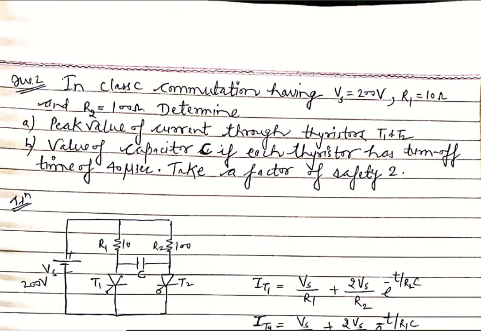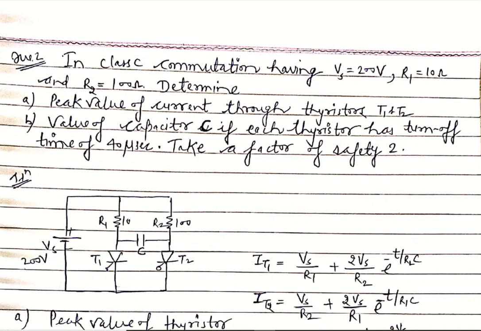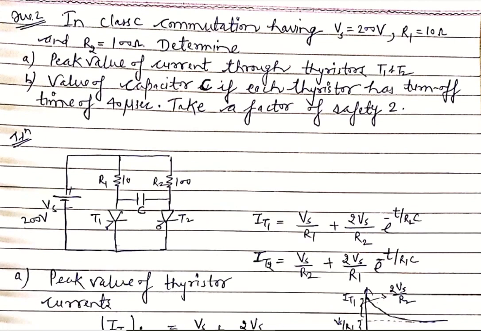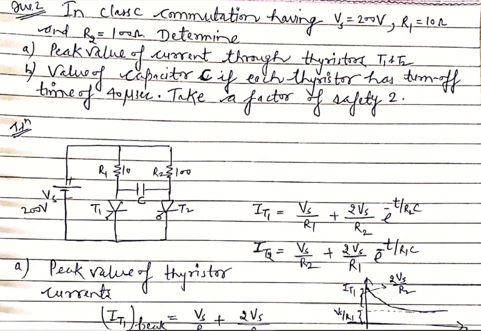So this is a class C commutation problem, and the input DC voltage of 200 volt is given, and two resistors R1 and R2 are given with values 10 and 100 ohms. Now we have to find the peak value of current through the thyristors T1 and T2. As a numerical problem comes in the exam, you have to remember the circuit topology of this type of commutation.